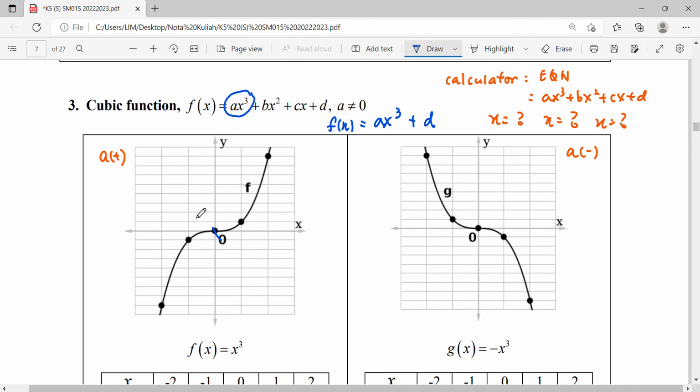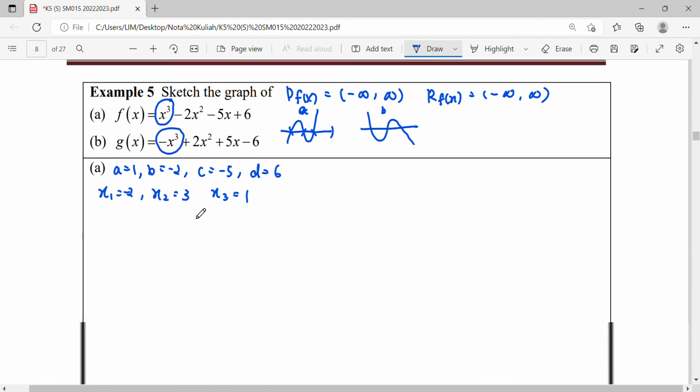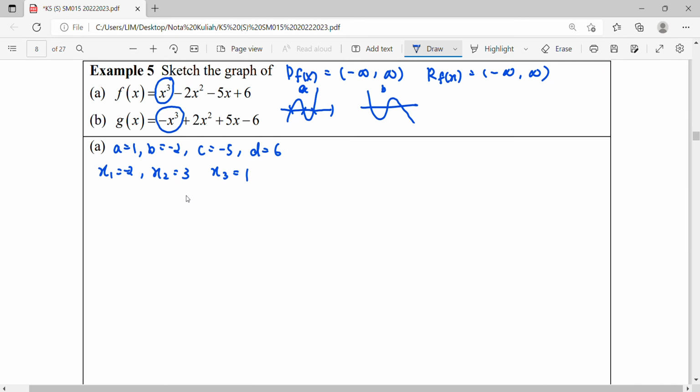Alright? Okay, so then we start to plot out, label our x-axis and y-axis with our roots together. Label our x-axis and then label our y-axis.